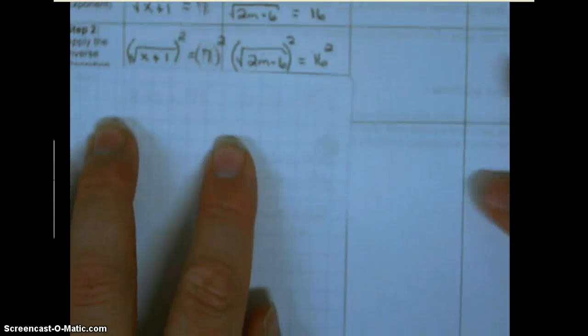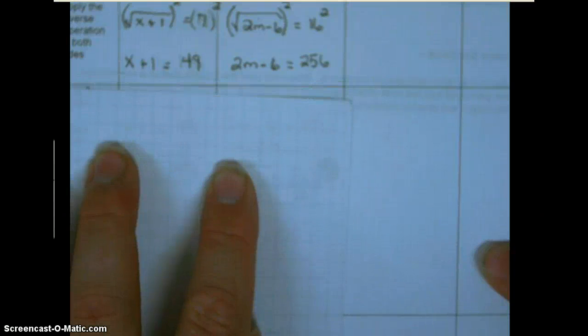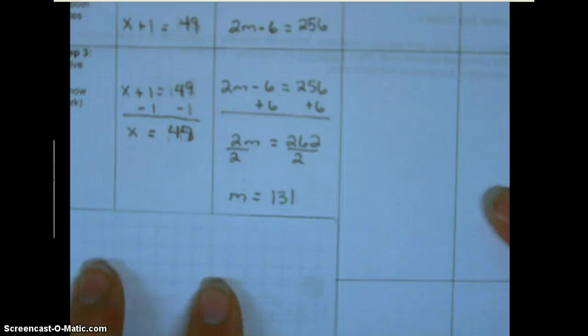So now we can take the inverse of square root, which is to square both sides. The square cancels out the square root and leaves us with 2m minus 6 equals 256. Now we solve. Adding 6 on both sides, we get that, dividing by 2, and we get m equals 131.